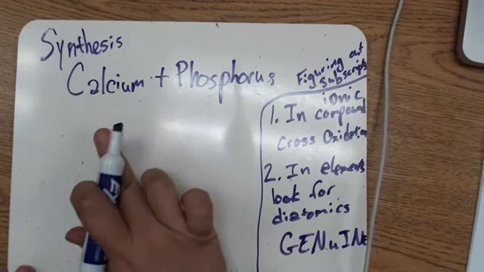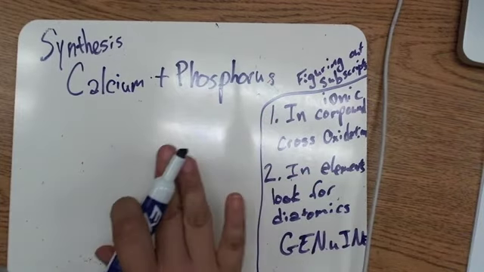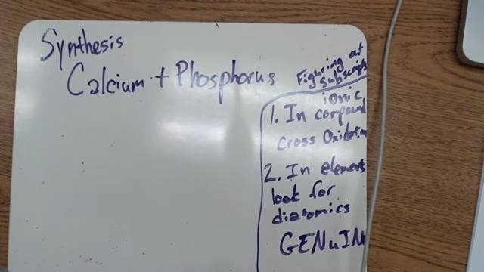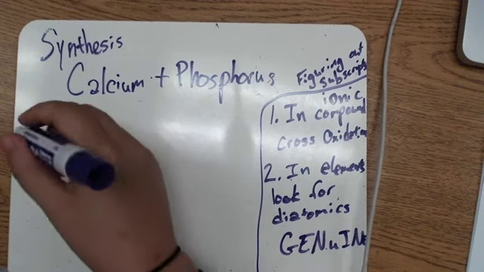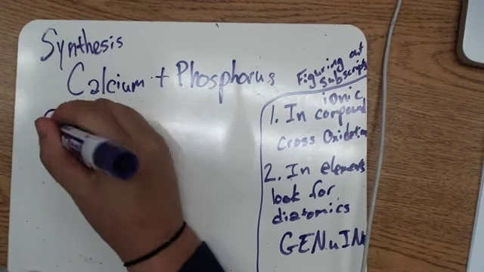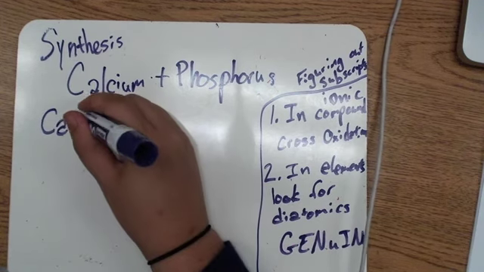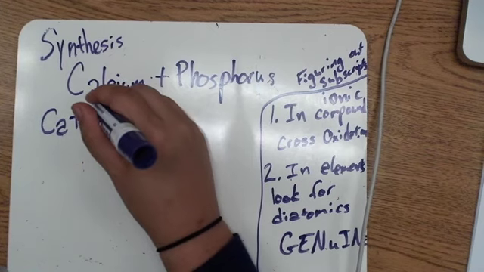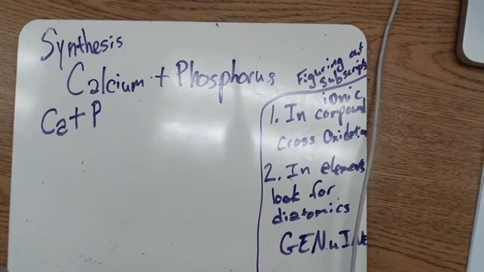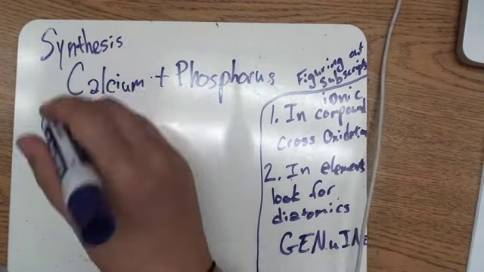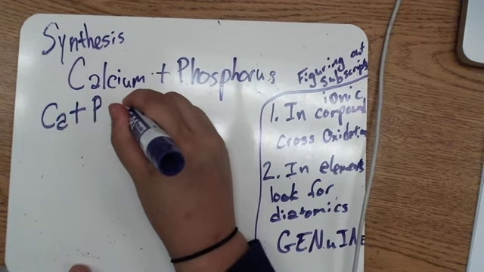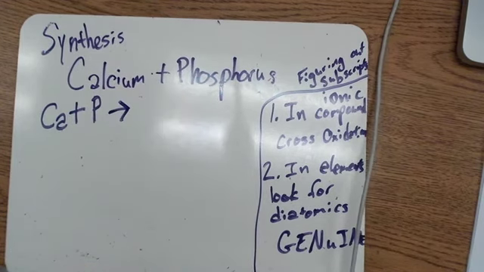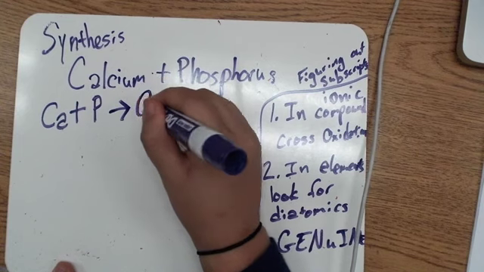First thing we're going to do is the chemical formula of calcium and phosphorus. Calcium does not end with gen or ine, so it's single, Ca. Phosphorus does not end with gen or ine, so it's going to be P. In synthesis, your single elements come together to make a compound.